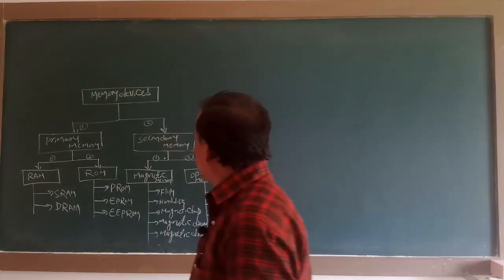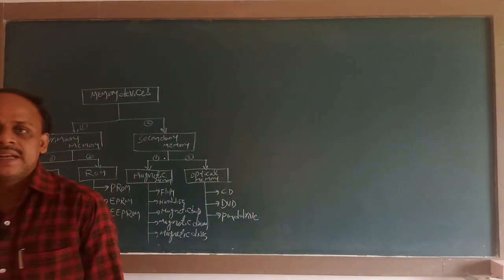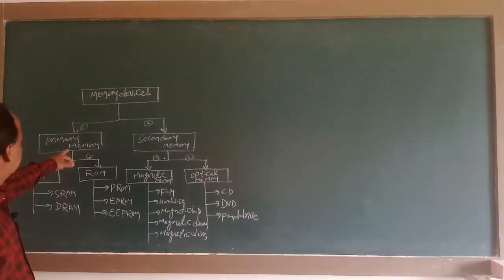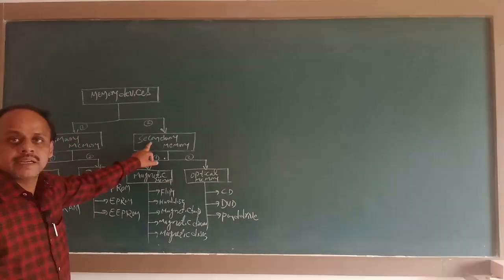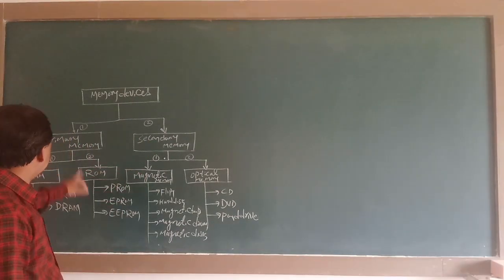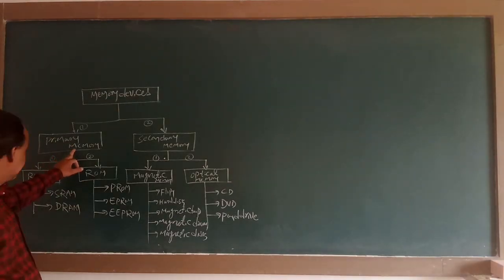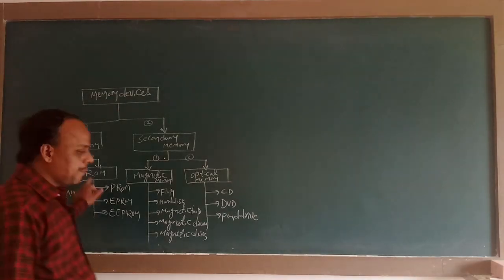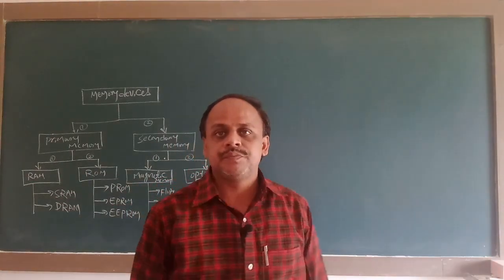Memory devices are mainly classified into two types: primary memory and secondary memory. In the primary memory devices we have mainly two types: RAM and ROM.